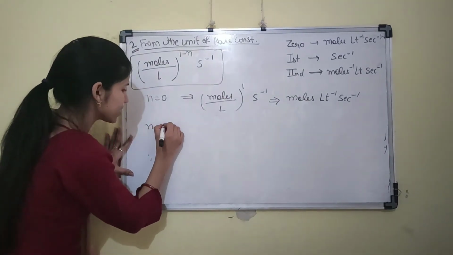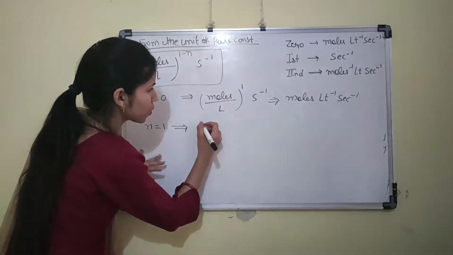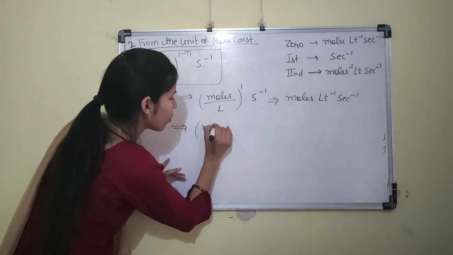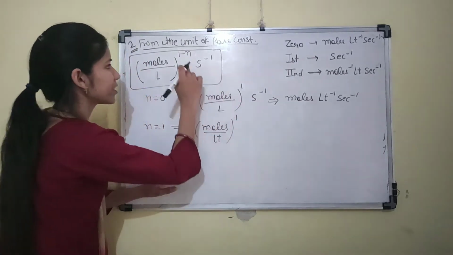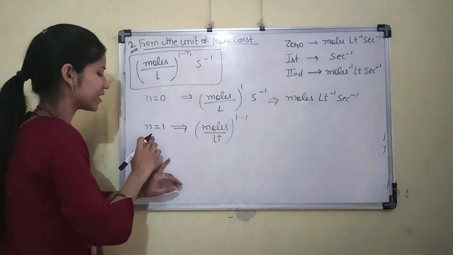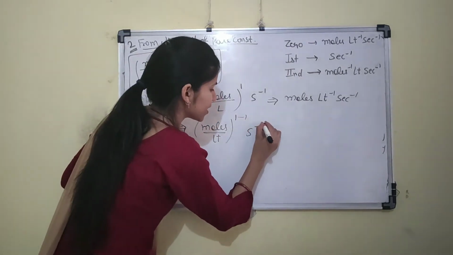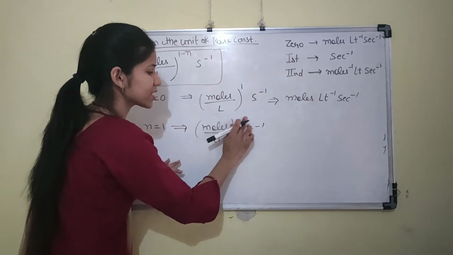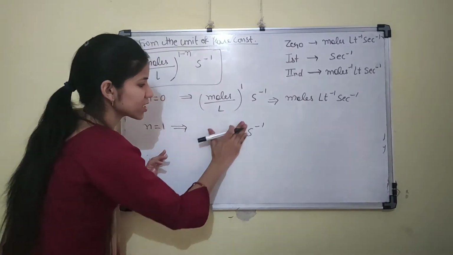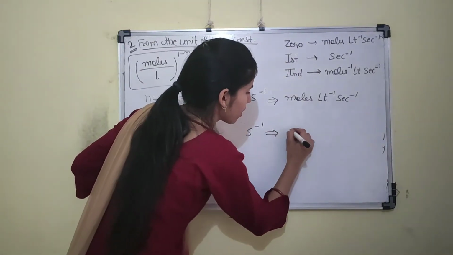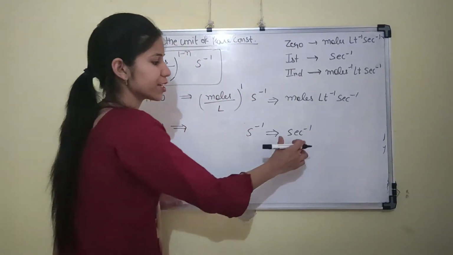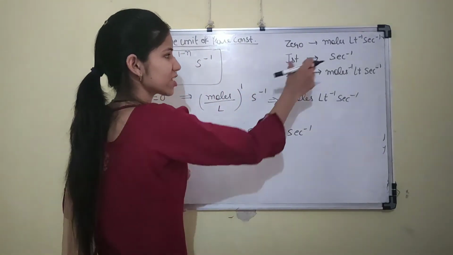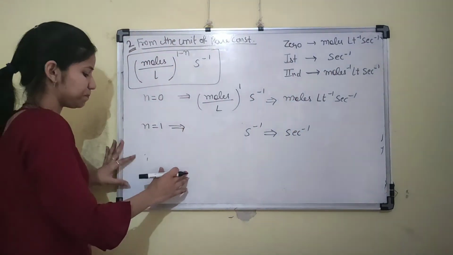And if n is equal to 1, then moles per liter to the power 1 minus n is 1, so per second. So 1 minus 1 is 0, so the unit is per second. And if we have the unit per second, we can say that this is the first order reaction.